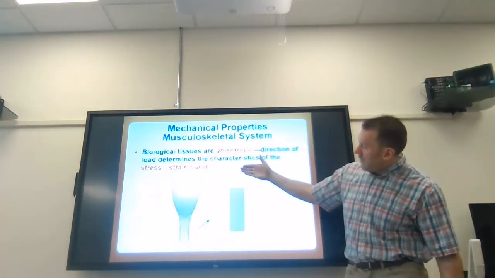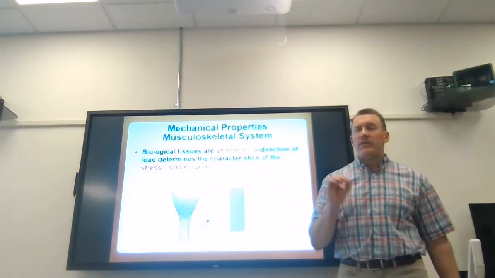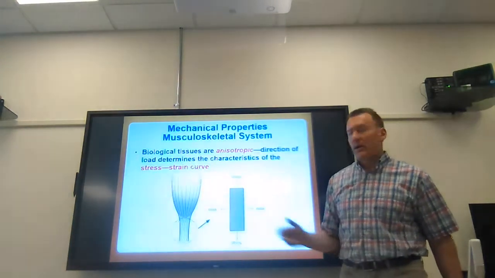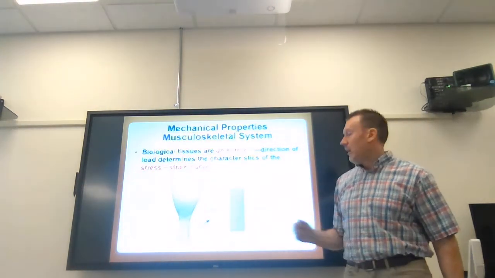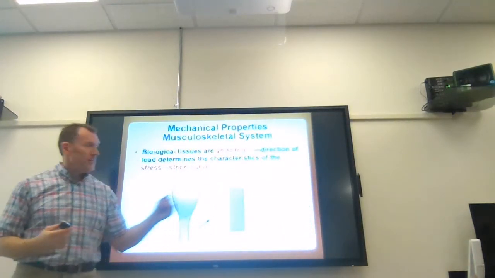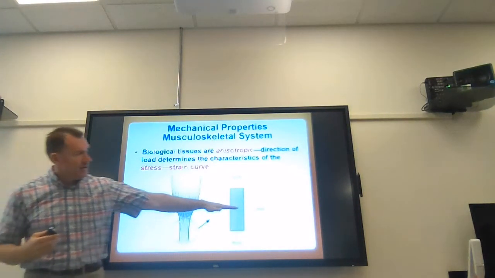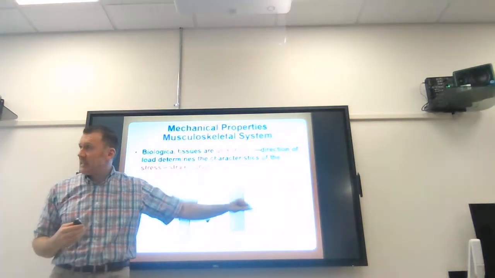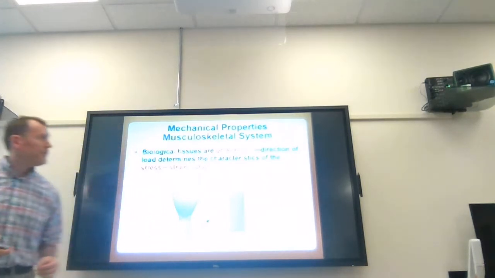So we say tendons are stronger with tensile stress that is applied along the axis of a tendon, parallel to the axis of a tendon. Whereas tendons are weaker dealing with shear type stress. So shear type stress would be perpendicular to the tendon in this direction. So it would be against how the fibers of the tendon are aligned.